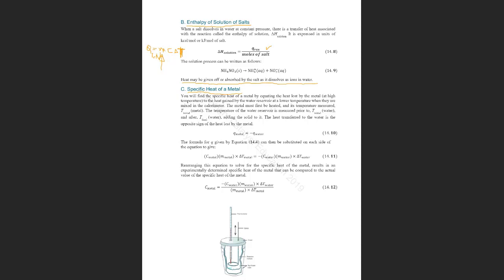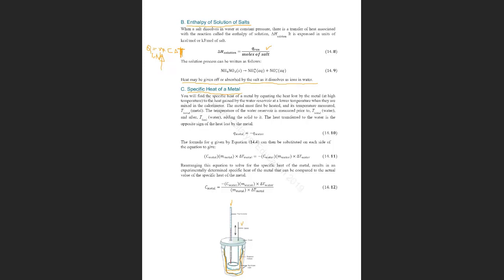There are two styrofoam caps right here, 1 and 2. Basically, the objective is to isolate it so we don't lose any heat. What else? We have the thermometer here, and this is a stirrer. We want to make sure that we mix everything well, and when we measure the temperature, it's the right one. It's homogeneous.